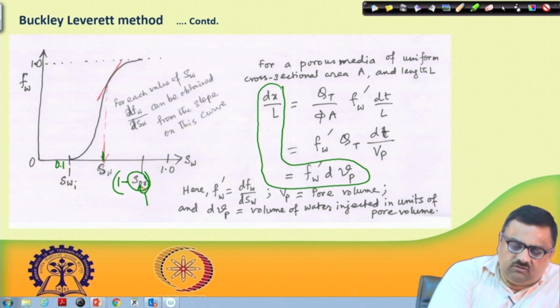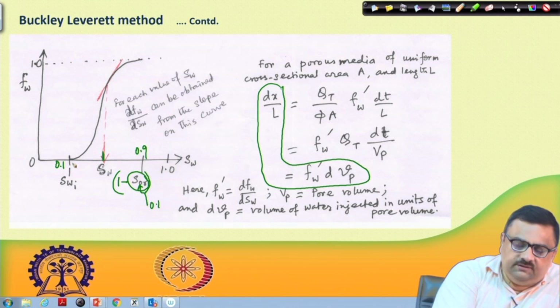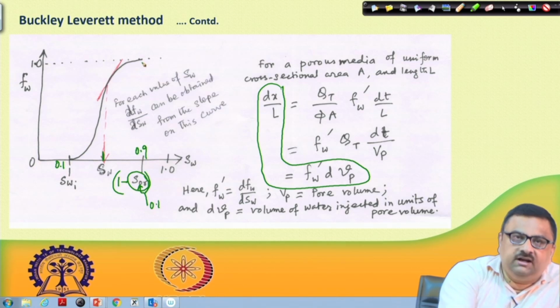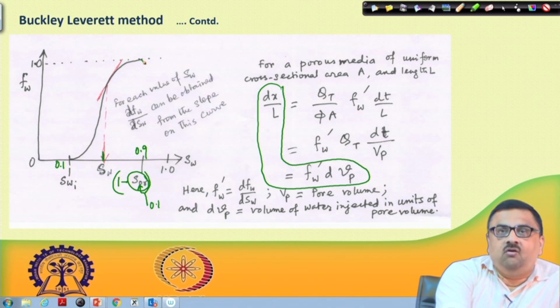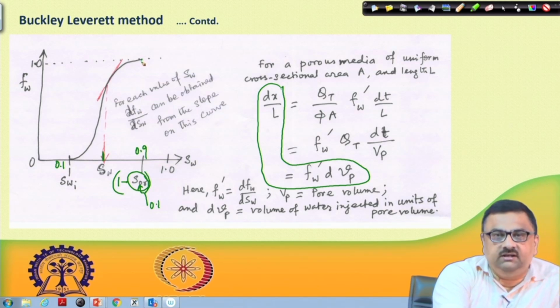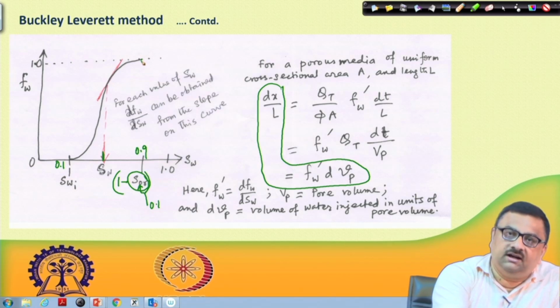If this SOR or SNWR is also 0.1, then here we are looking at 0.9. So, this play of Fw is between 0.1 and 0.9, and at 0.1 Fw is equal to 0, at 0.9 Fw is equal to 1. So, that means when the saturation reaches here, the entire Qt is comprising of Qw, because Fw is equal to 1 and Fw is equal to Qw by Qt.